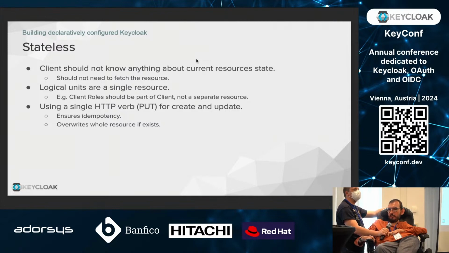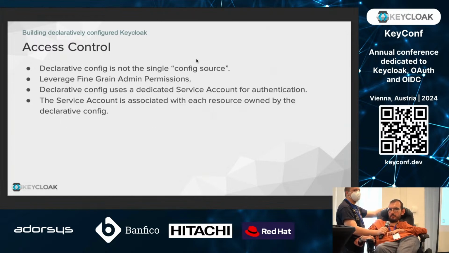And the API should also support a single HTTP verb for creating and updating. As I mentioned, the client should not care whether the resource exists or not. This will ensure idempotency, and obviously it will override the resource if it exists and create it if it does not.